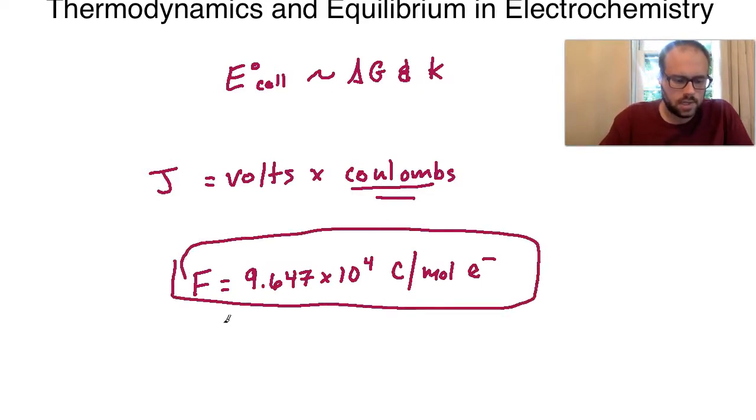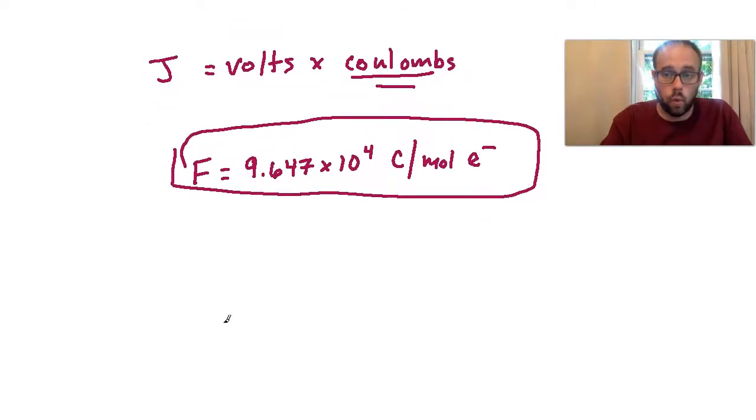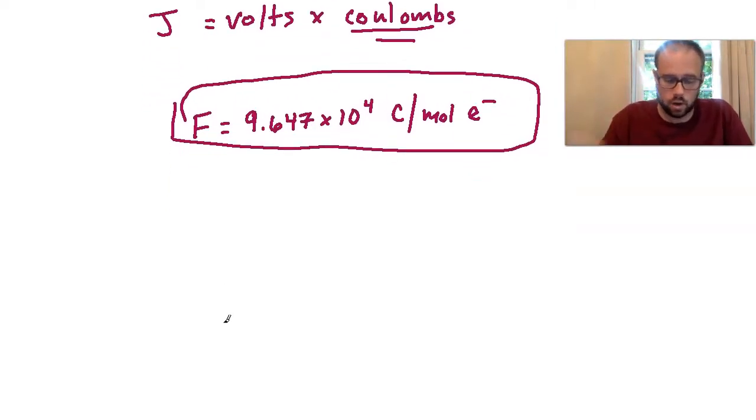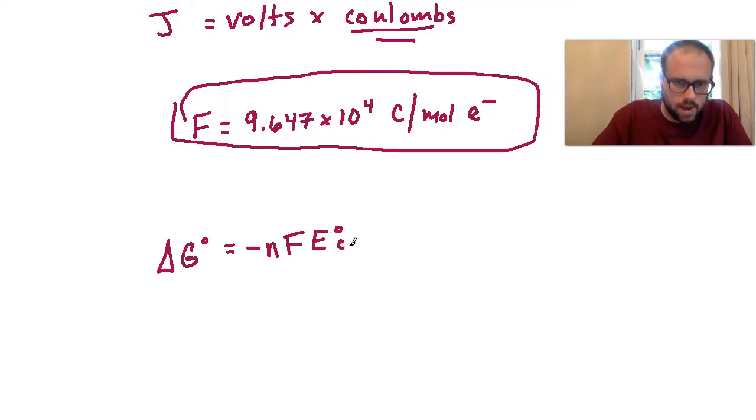This is Faraday's constant. Now, what can we utilize Faraday's constant for? We can tie thermodynamic parameters, specifically the free energy of a battery, over to negative N, capital F, E cell. All right, so here we go. We've now connected E cell to delta G.